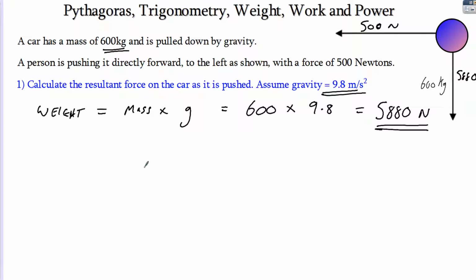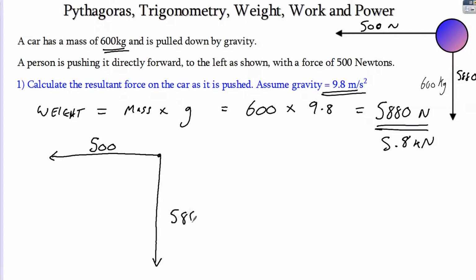So the resultant force, we use Pythagoras. That didn't work. Normally I can do a nice straight line with a tool, but I'll do it as straight as I can. So this is our car. We've got 500 in that direction. We've got 5,880 in that direction in newtons.